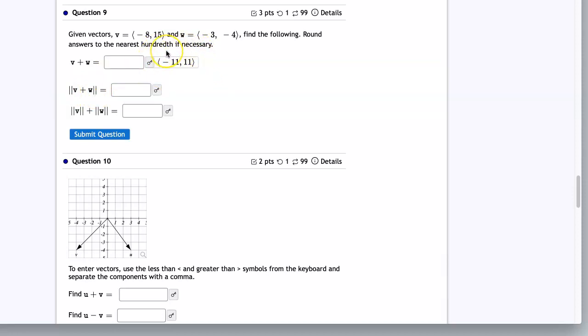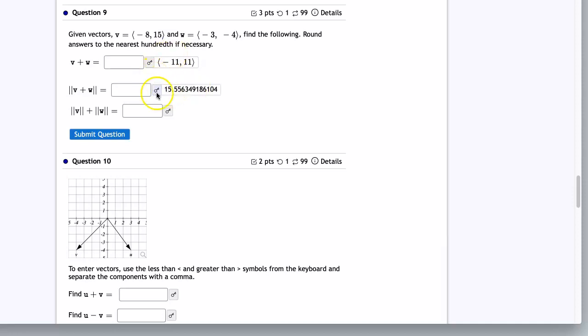And so the magnitude is going to be, just take the Pythagorean theorem of this, right? Negative 11 squared plus 11 squared is going to end up being 121 plus 121, which is the same thing as 11 root 2.